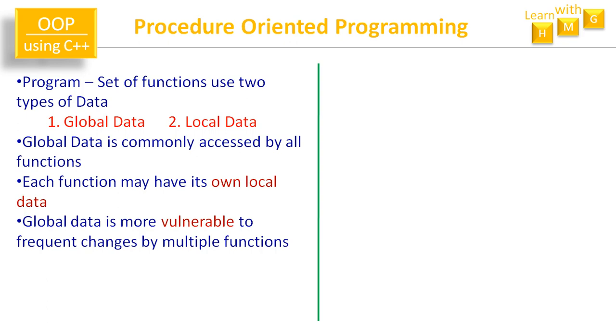Global data is more vulnerable to frequent changes by multiple functions. As the global data is commonly accessed by functions, multiple functions operate on it, and every function performs certain operations on that global data, and hence the values are continuously changing. So frequent changes are there. That is the vulnerability characteristic of global data.